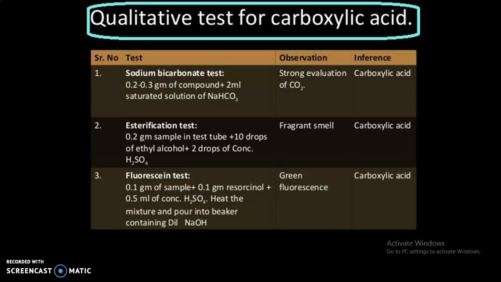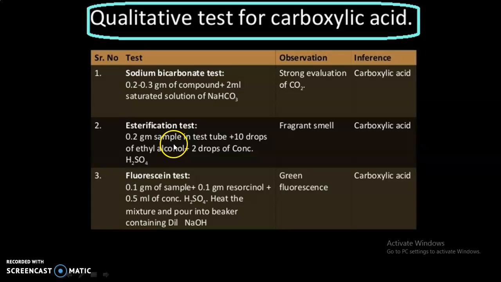Another is the sodium bicarbonate test. To the given sample, a pinch of solid sodium bicarbonate is added. Evolution of carbon dioxide with brisk effervescence shows the presence of carboxylic acid.